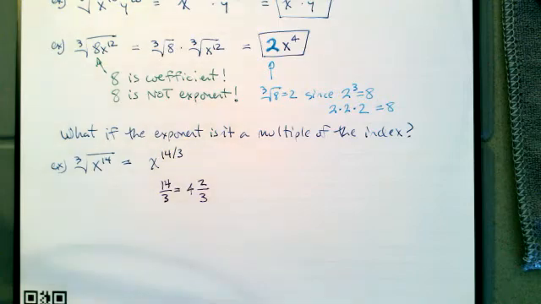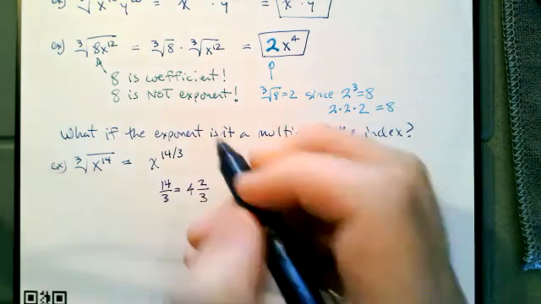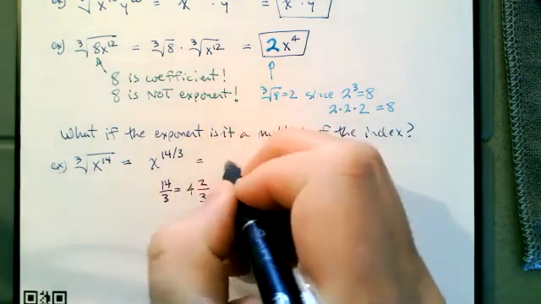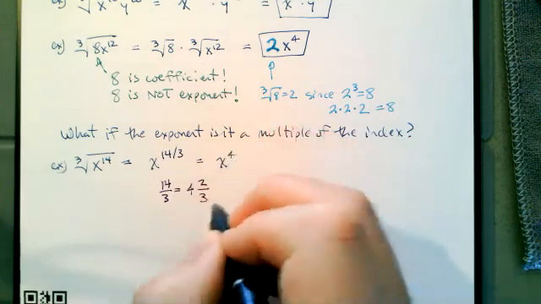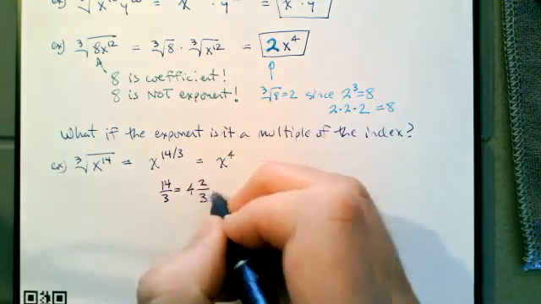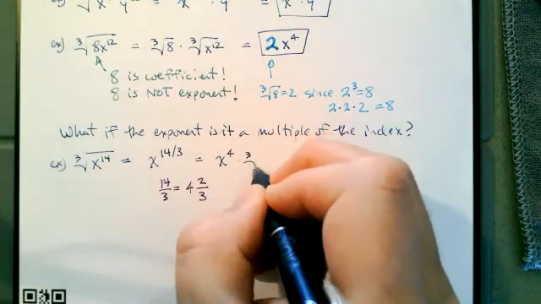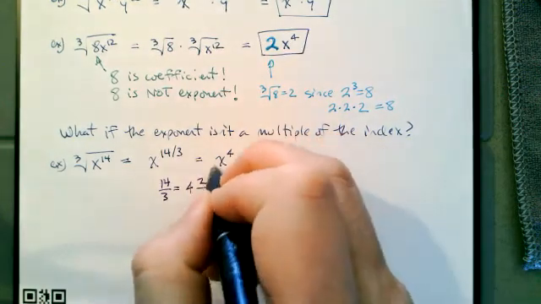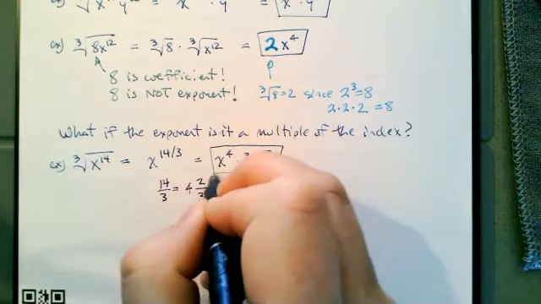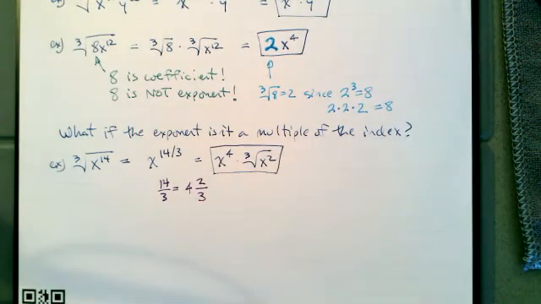So I can have x to the fourth with no radical, and what's left over is 2 x's in a cube root. And sometimes this will be considered the simplified form.